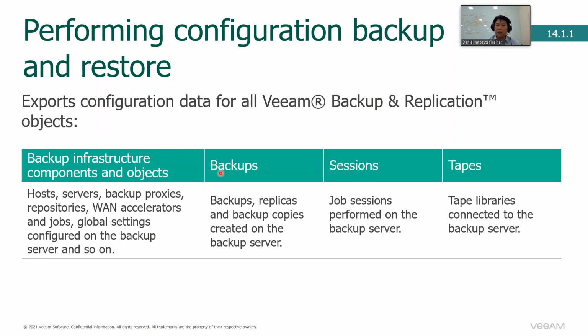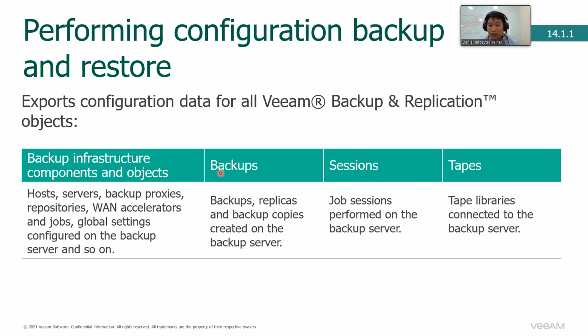Now, if you have the configuration backup, when you restore it to the backup server, I can continue to run incremental backup. This is another benefit. If you do not have the configuration backup, what happens?